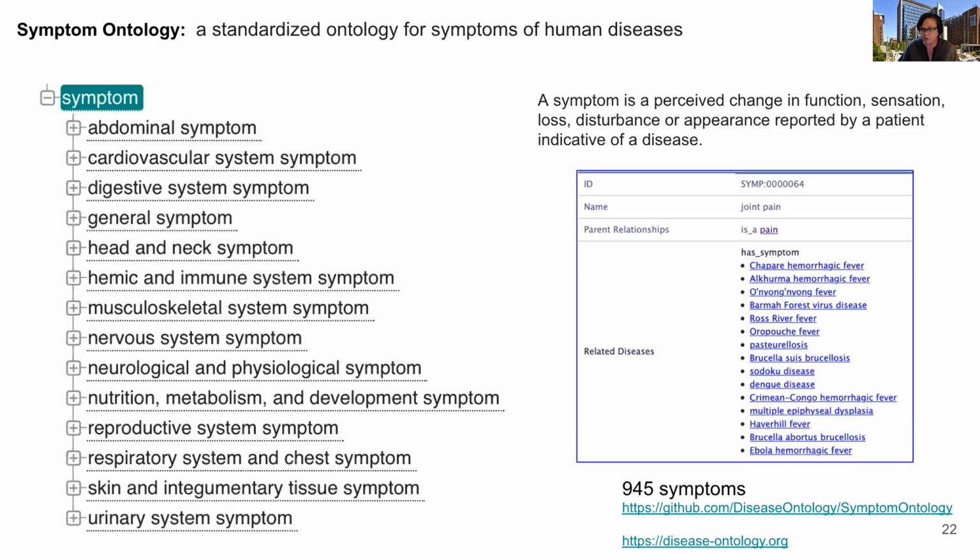This is the view through symptoms. This screenshot shows at least a partial list of all of the diseases that have the symptom pain annotated to them. So this allows another way to look at information from a different perspective, but all within the ontology itself. And there are links there, and you'll have the slides if you want to explore.